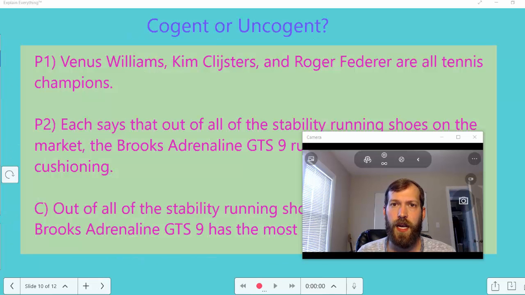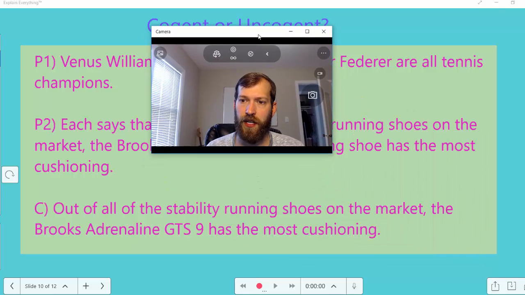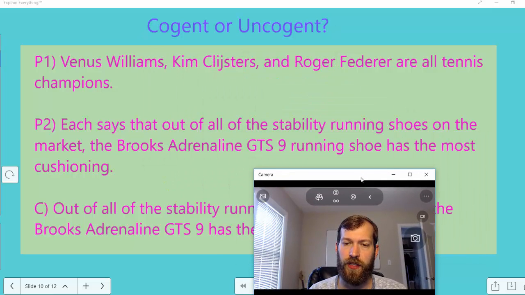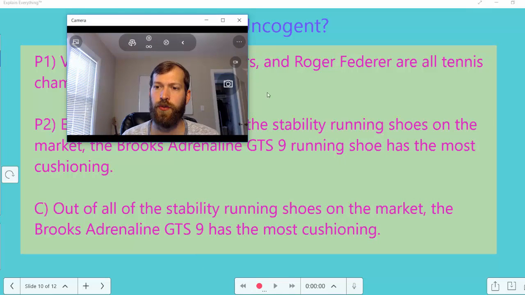All right, so let's take the concept of cogency and apply it to an actual case. We want to determine whether the following argument is cogent or uncogent. Venus Williams, Kim Clijsters, and Roger Federer are all tennis champions. Premise 2: each says that of all the stability running shoes on the market, the Brooks Adrenaline GTS 9 running shoe has the most cushioning.